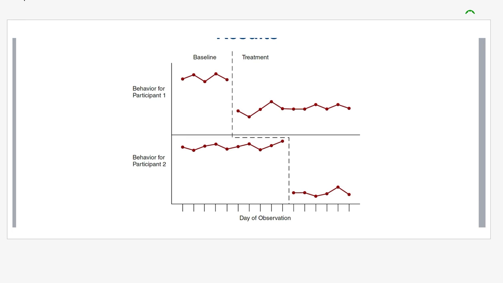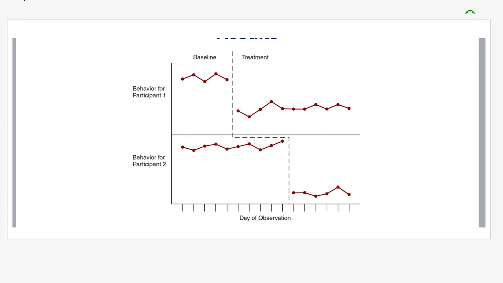You see we did baseline observations for participant 1 for 5 days, and then initiated the treatment for the next however many days, and participant 2 continued their baseline observations for 5 more days. 1, 2, 3, 4, 5.